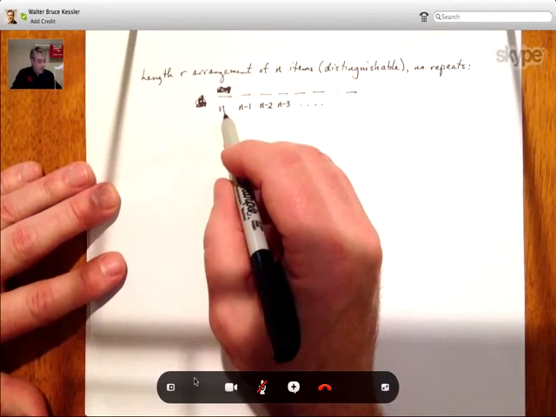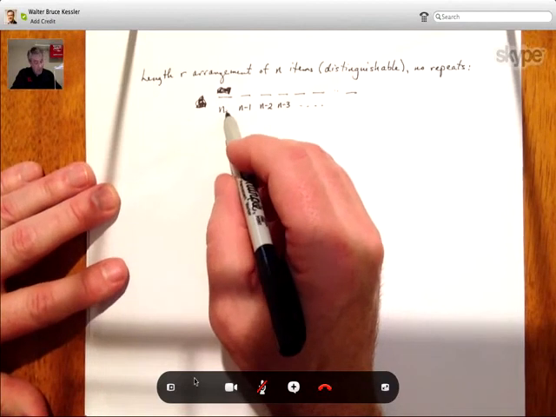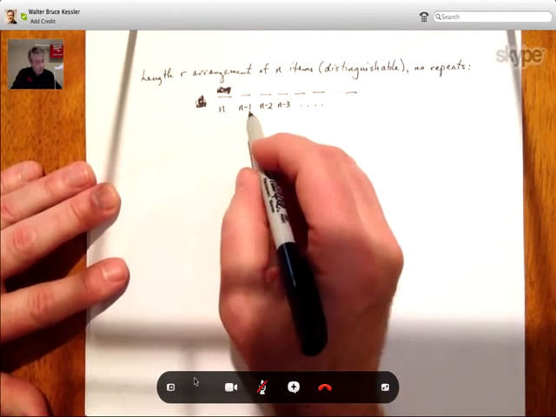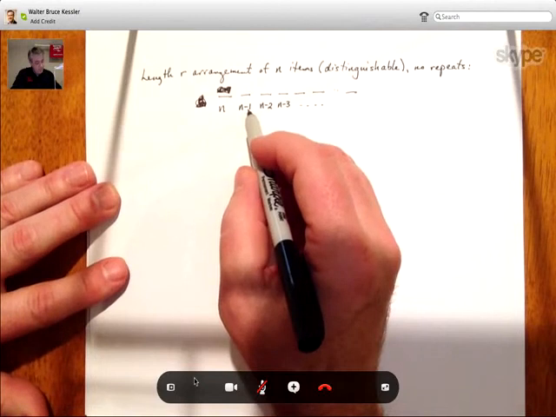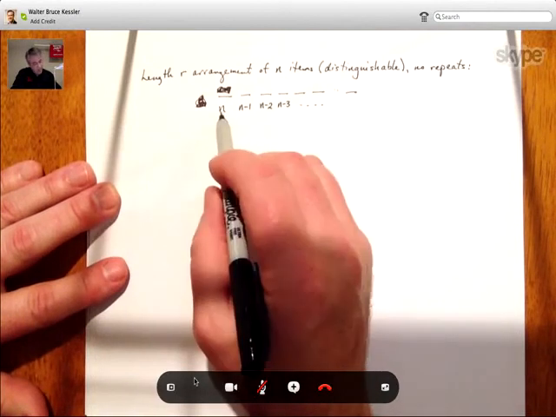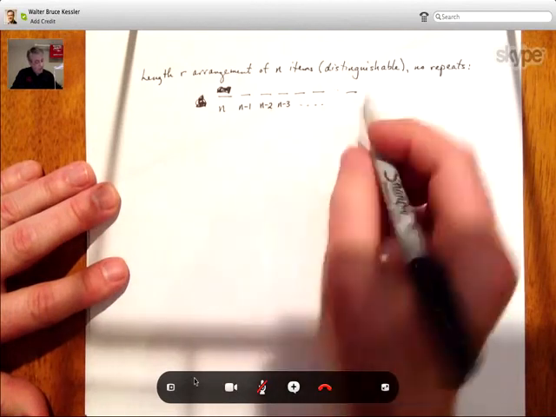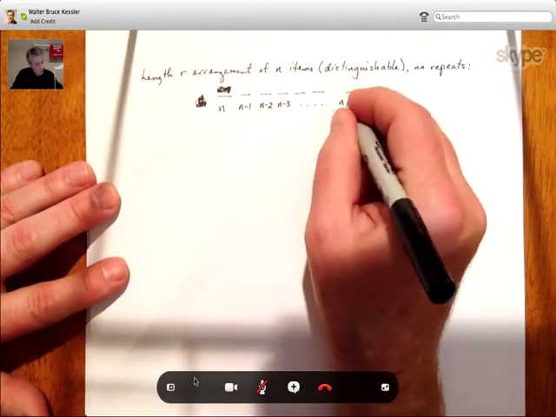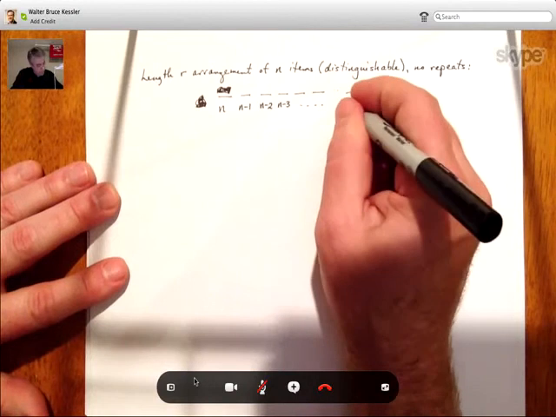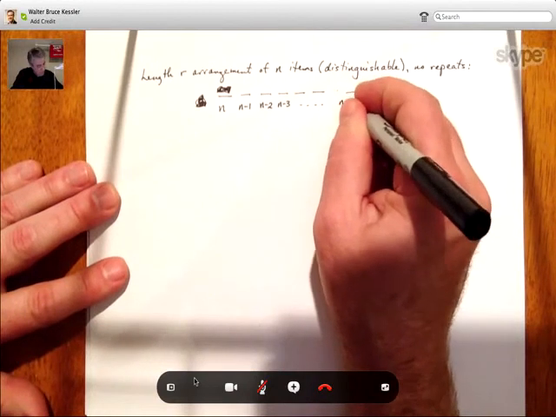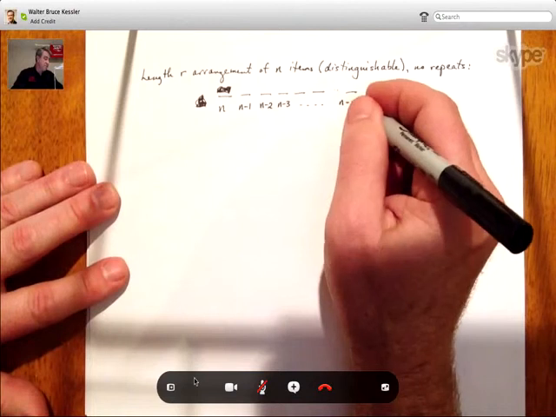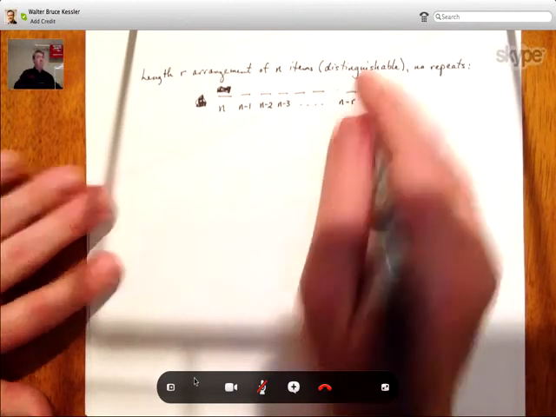If you'll notice, we've got to figure out where we stop. Of length 1, I'm subtracting 0. Of length 2, I'm subtracting 1. Of length 3, I'm subtracting 2. So of length R, I'm subtracting R minus 1. It's minus, in parentheses, R minus 1.